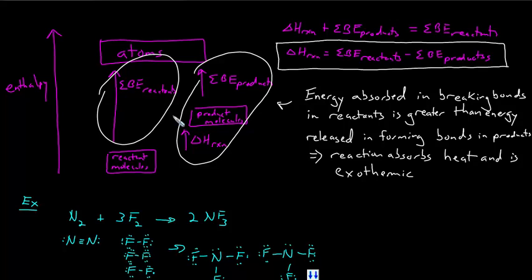So you saw in this case that more energy was required to break the bonds of the reactants than was released in the formation of the bonds in the products. In that case, we saw that energy was absorbed. There was an increase in enthalpy going from reactants to products.